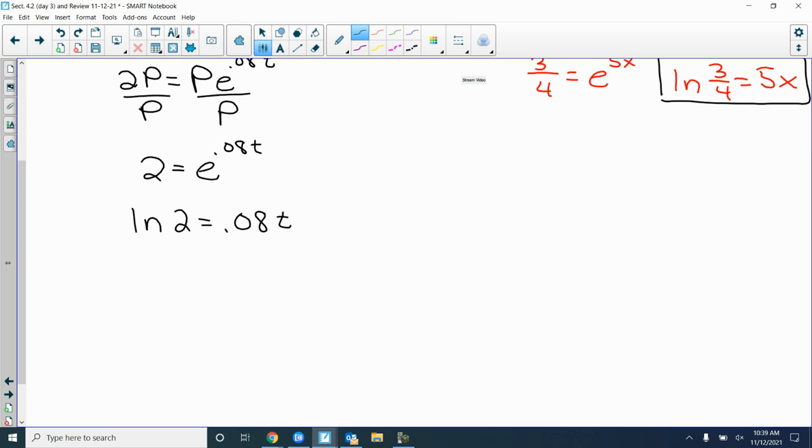Now use your calculators. Now you round to the nearest hundredth. I think that's what my book says. How many years would it take to double your money? Doesn't matter how much you started with. You started with $1 million or you start with 100. 8.66 years. So t divided by 0.08, divided by 0.08.